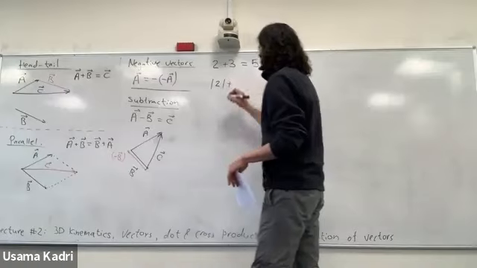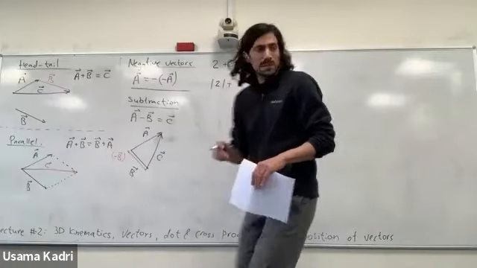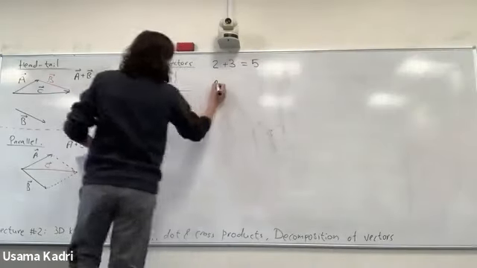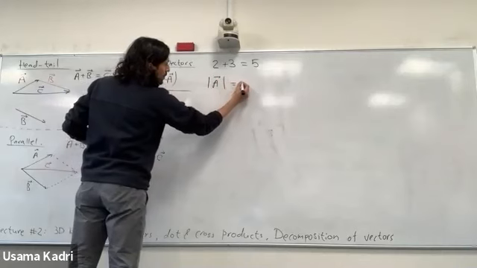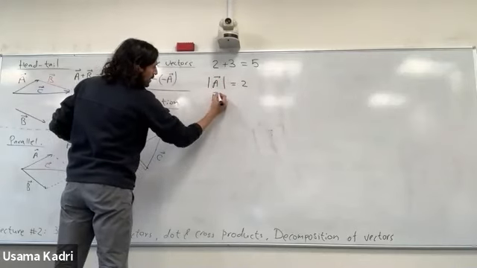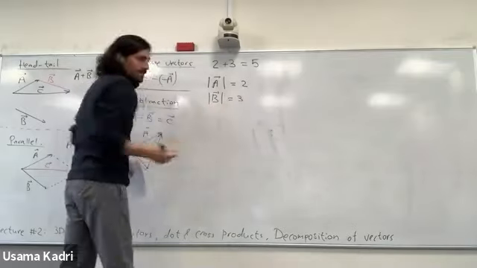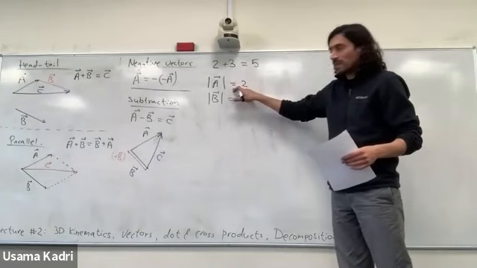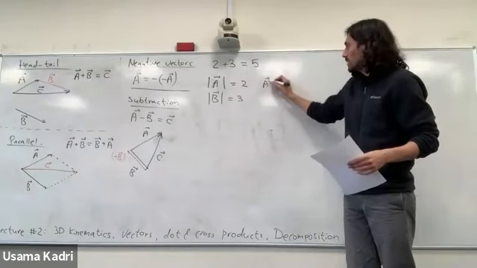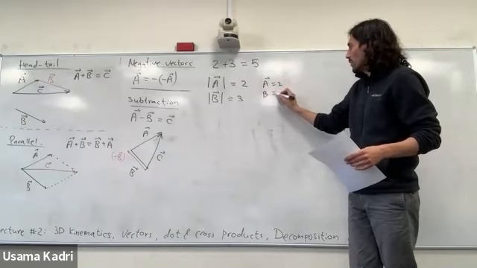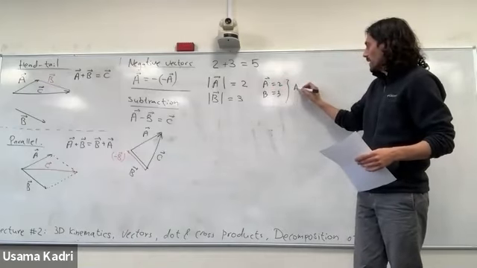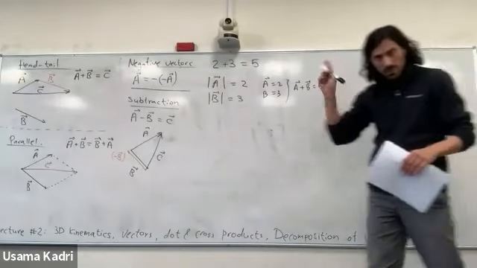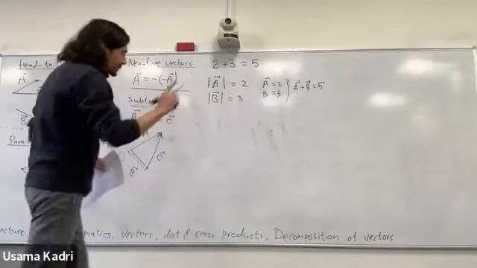For example, if you have a magnitude, I'm going to put it in absolute values. So a magnitude of 2, right? If I know that one of the vectors has a magnitude of 2, but I don't know, it could be +2 or -2. And the other one has a magnitude of 3. Let's do it in a more accurate way. So the first one has a magnitude of 2, and the second one has a magnitude of 3. If I add them together, yes, I can get 5. That is in the case that A is also 2 and B is also 3. This would give A plus B equals 5. We are talking one dimension now.